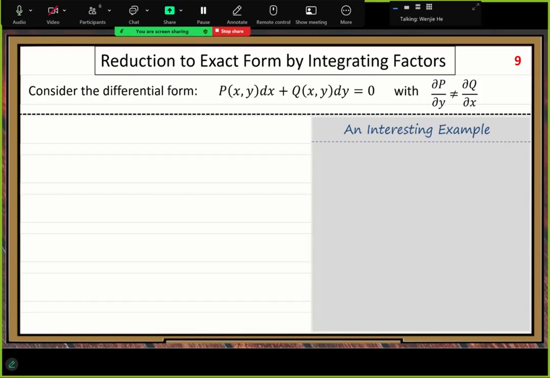Then after that, we work on the abstract formula development.